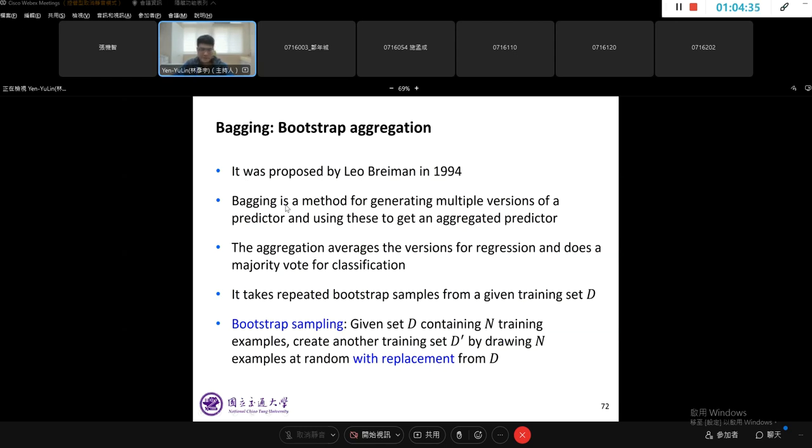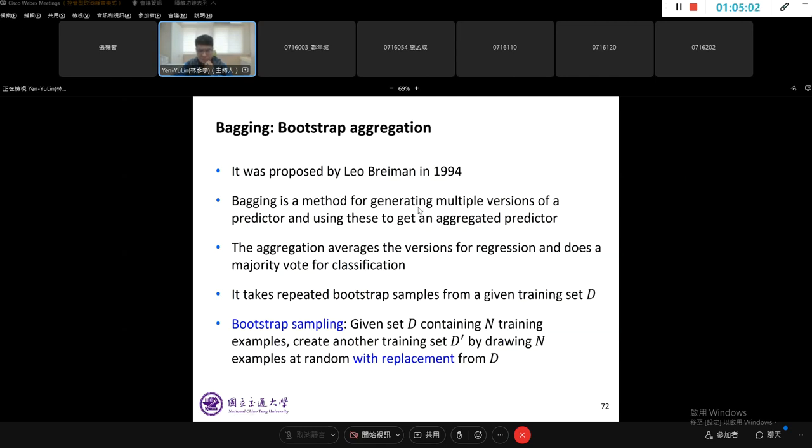Bagging is a method for generating multiple versions of a predictor and use those predictors to get an aggregated prediction. Okay, so here are some keywords. Here a predictor, you can consider a decision tree as a predictor, or a machine learning model as a predictor.